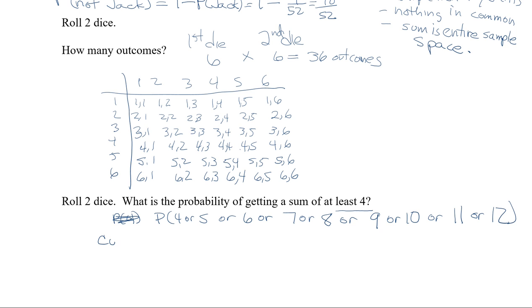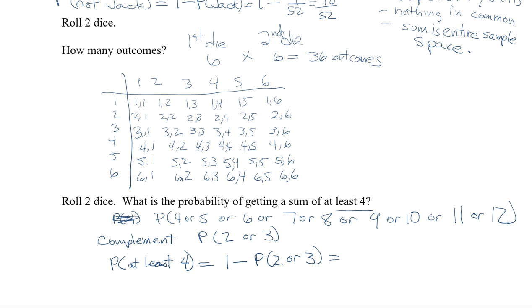Instead, if I look at the complement, that would be the probability of getting a 2 or a 3. Since those are complements, we can say the probability of getting at least 4 is 1 minus the probability of getting a 2 or a 3.